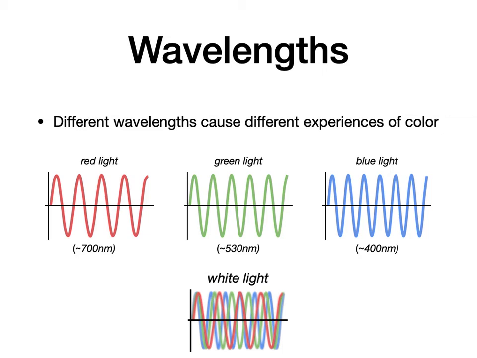So green light, our preferred green light, is this 530 nanometers, but we can still detect all the lights near it. So 520, 540 nanometers, we can still detect all of that. But ultimately, we have these three kinds of wavelengths that we are tuned to.